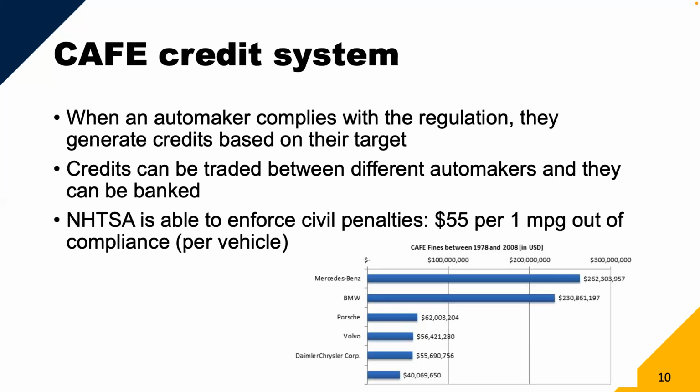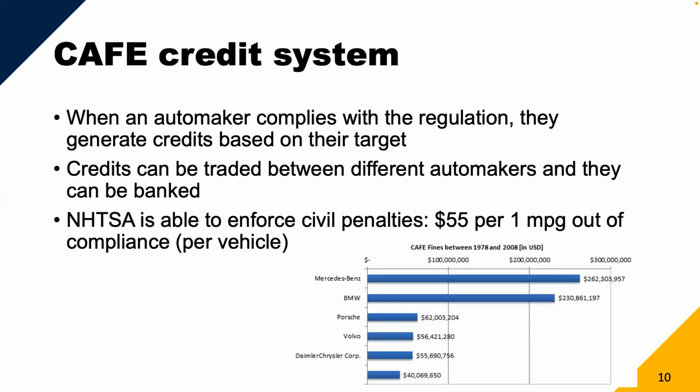So if I sell 1,000 cars and I'm required to be at 30 MPG, but I only get up to 29 MPG, then I can get charged $55,000, right? Because there's 1,000 vehicles on average out of compliance.